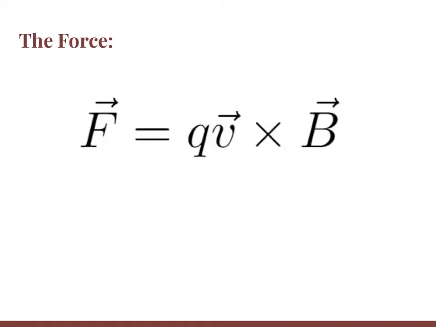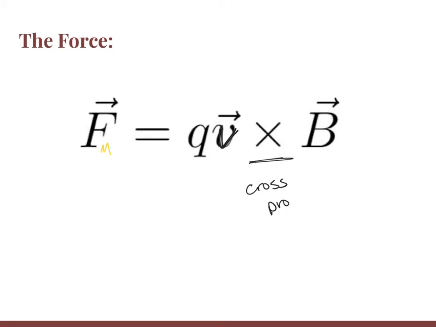So the equation for the magnetic force on a charged particle is given by this equation. The force equals Q, the charge of the particle, times v. That is a v. I know it looks a little bit like a u with the typesetting. Q v cross B. So this looks like a regular multiplication symbol, but when you multiply vectors, there's actually two options for how to multiply vectors.